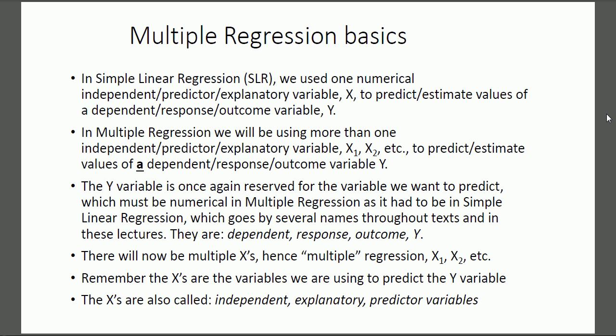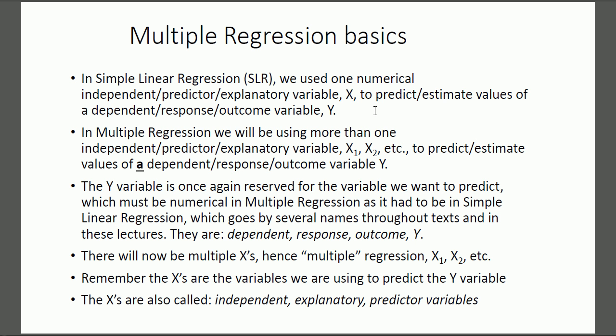So, multiple regression basics. In simple linear regression, if you recall, we had one numerical independent variable. We also call that variable sometimes a predictor or an explanatory variable. I'm giving you a few synonyms here. That variable was given the distinction of being called x.